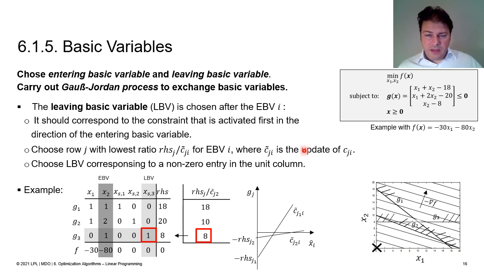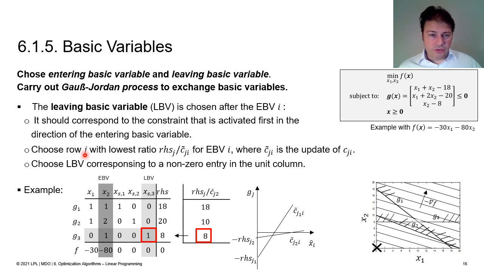Well, update refers to the fact that this operation that we're currently doing will change this tableau, and the step that we are currently carrying out will have to be repeated. And you will always use the values of the current tableau to carry out that step. Yeah? So it won't be the values of the original C matrix anymore. It will be something else. It will be the result of your previous steps.